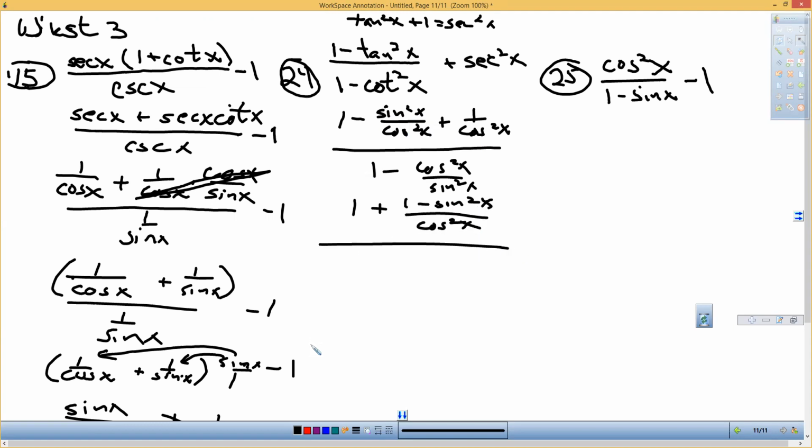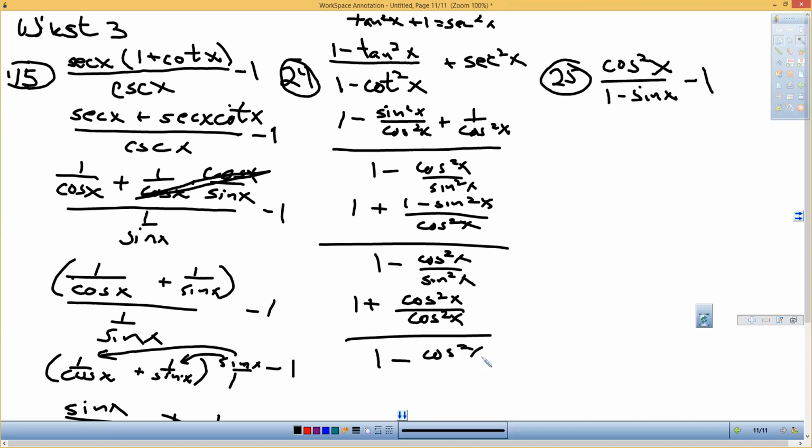Then down here on the bottom, I'm just going to leave this 1 minus cosine squared x over sine squared x for now. And then 1 minus sine squared x is cosine squared x. So I get 1 plus cosine squared x all over cosine squared x, and that whole thing is over 1 minus cosine squared x over sine squared x.